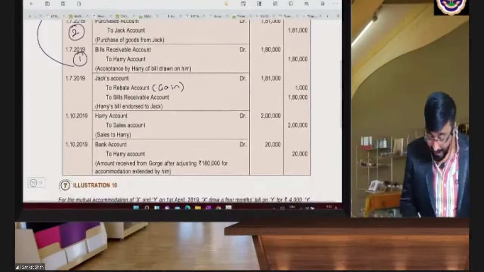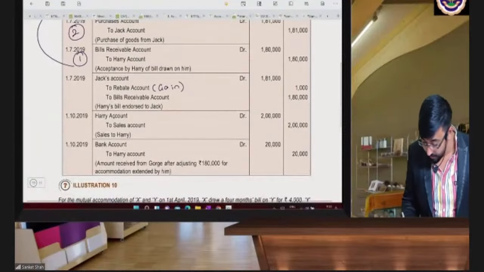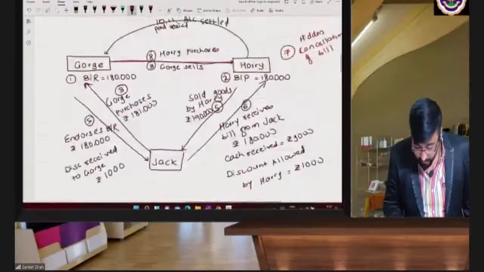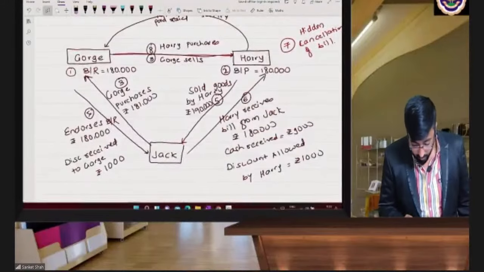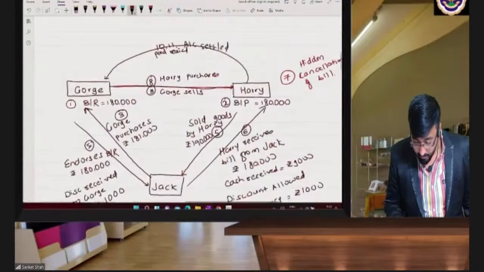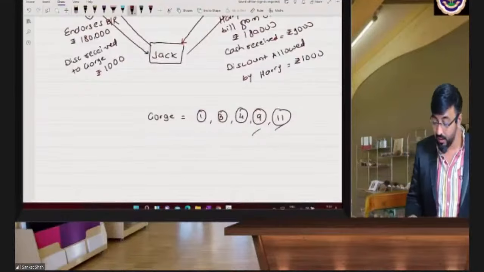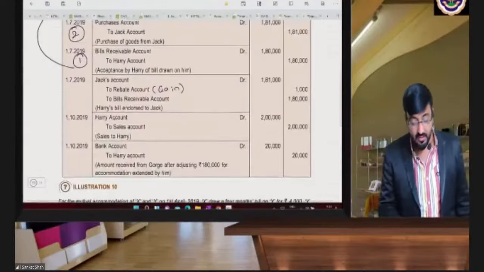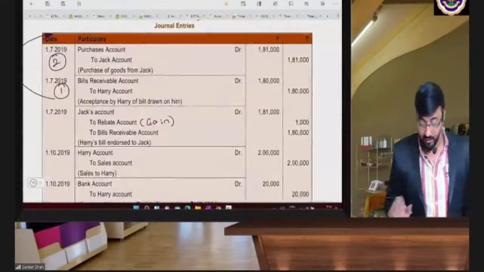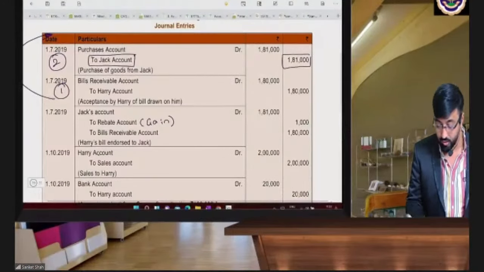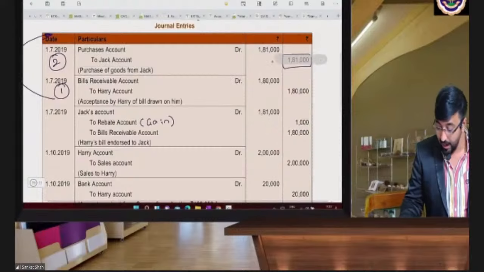Then Harry account debit to sales, because we sold goods to Harry, entry number 9. And here is the 11th entry. Now we want to settle his account. How to settle his account? Jack is not important for us; Harry is important.